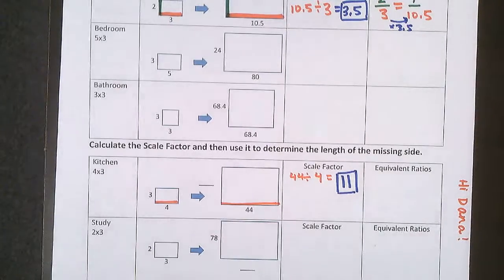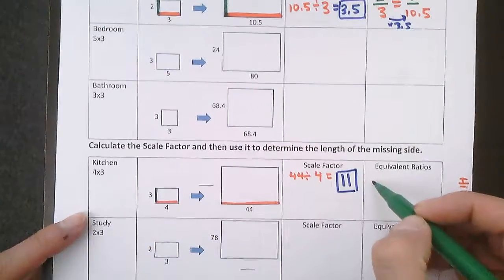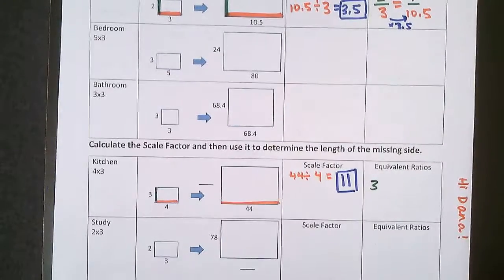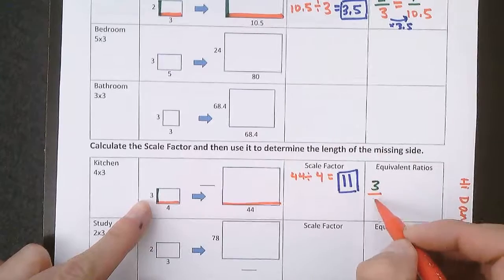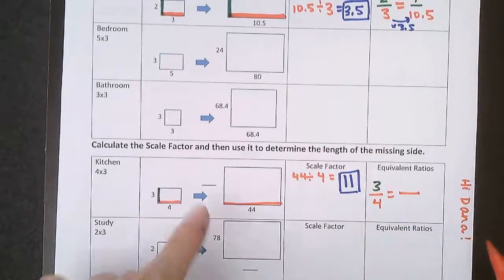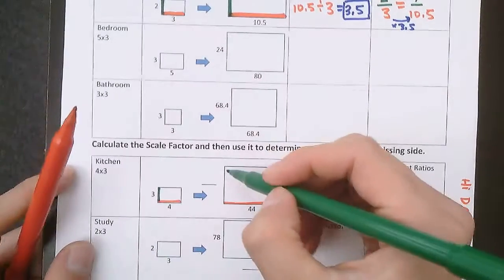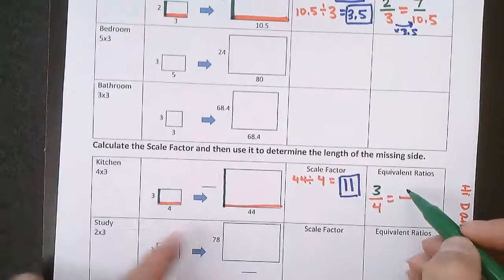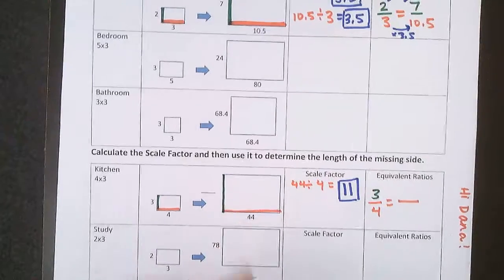That means if I have my equivalent ratios, the ratio of 3 to 4 is equal to the ratio of, we're trying to figure out what this side here is, to 44.